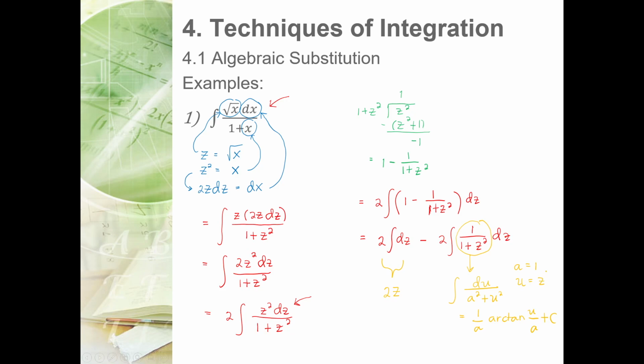So getting the final answer, let's write it in the upper right. Final answer is 2z minus, 1 over a is just 1 over 1, so that's 2 arc tangent, u over a, that's z all over 1. So arc tangent z plus c. This is your final answer.